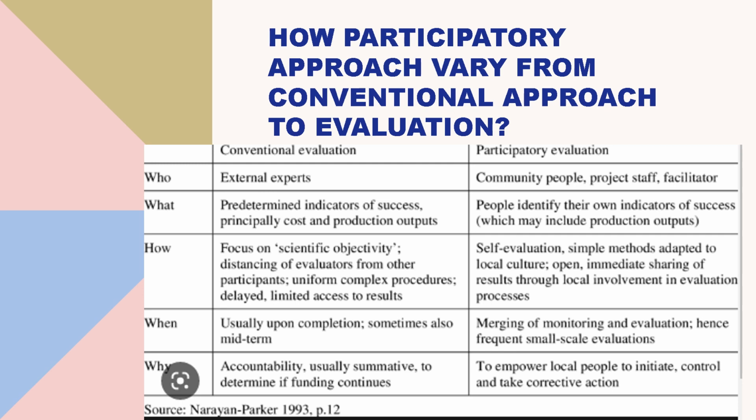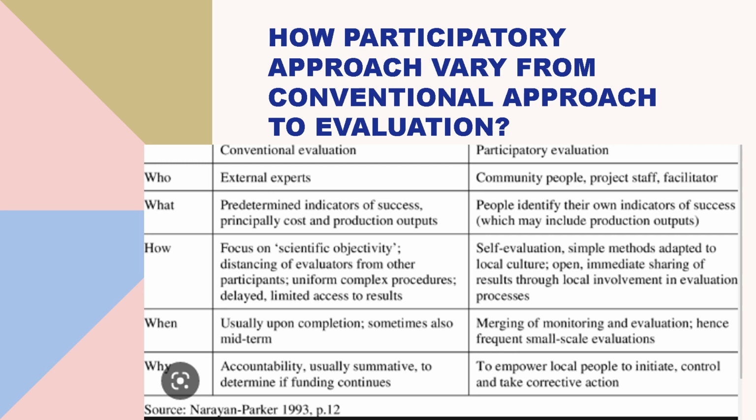And when to do conventional, usually upon completion of the project or the program, sometimes also midterm. However, for participatory evaluation, we merge monitoring and evaluation. Hence, it's frequent small-scale evaluation. So why are we doing this evaluation?